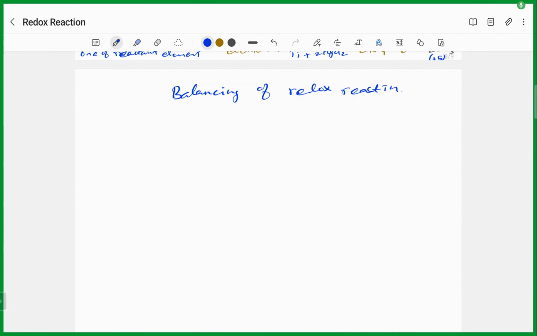First one, oxidation number method. Another one is half reaction method.